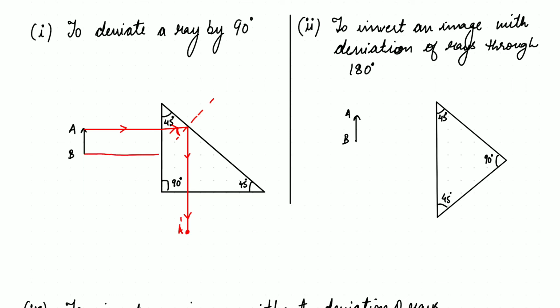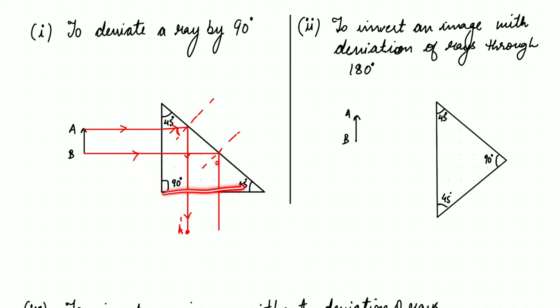Let's talk about B. Again, B will go something like this. Again, make the 90-degree. If you see, 90-degree, 45, this will be 45, this will also be 45. That means it has exceeded your critical angle limit, so it will be totally internally reflected like this.